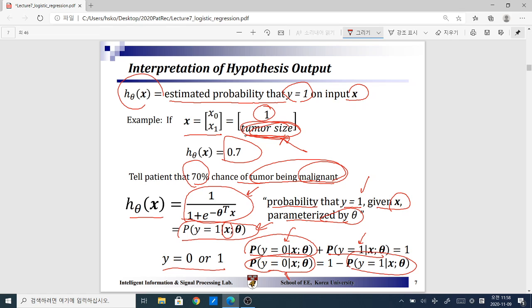In other words, essentially what I'm saying here with this slide is that we can use this model, which is the logistic model, to estimate the probability that y is equal to 1 given the input being a particular x.